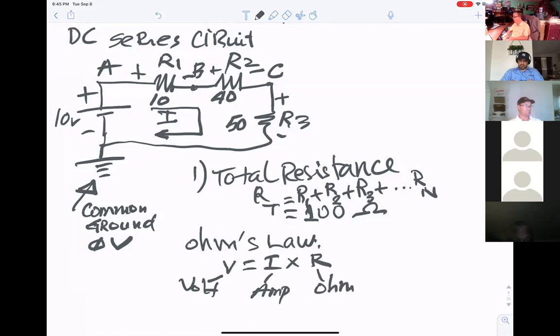If you want to use that formula, the units must be that way. You cannot change it.